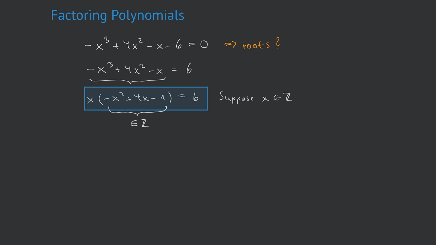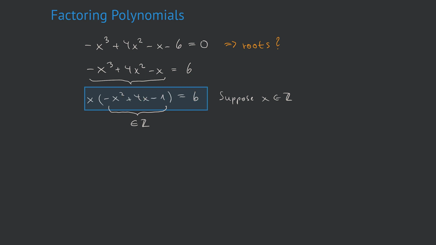Now the consequence of this is that we know something more about x, namely that x must be a factor of 6. The reason for this is that x times some integer number equals 6.